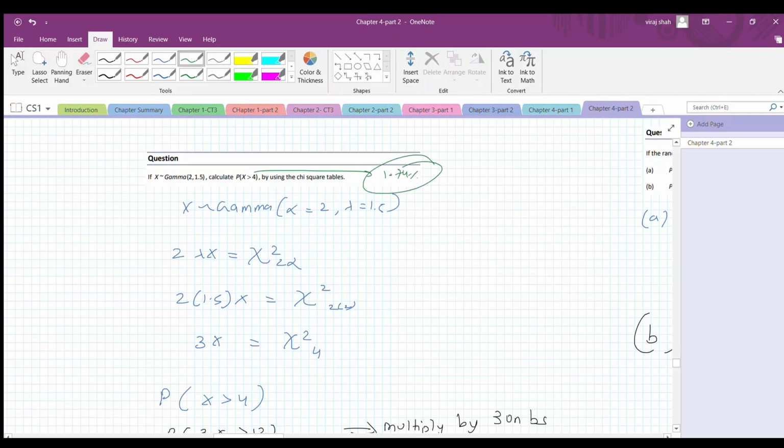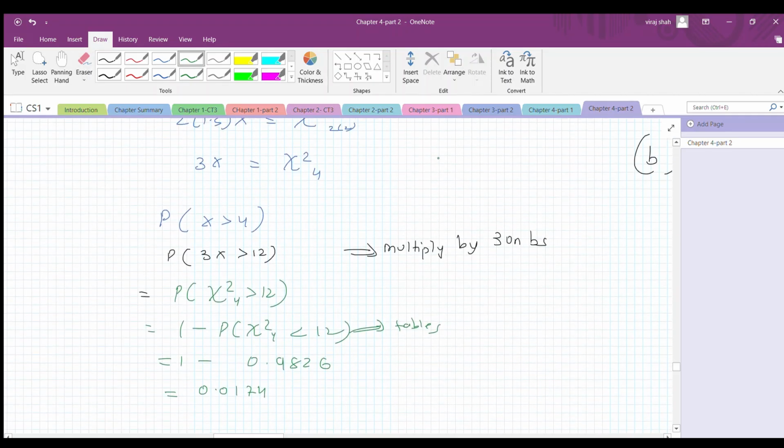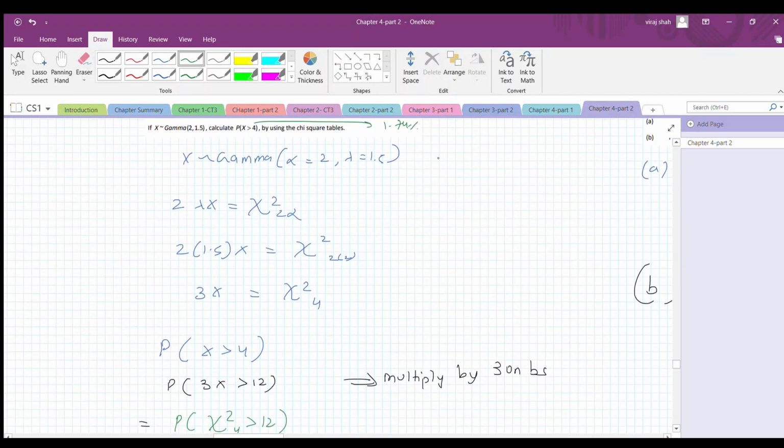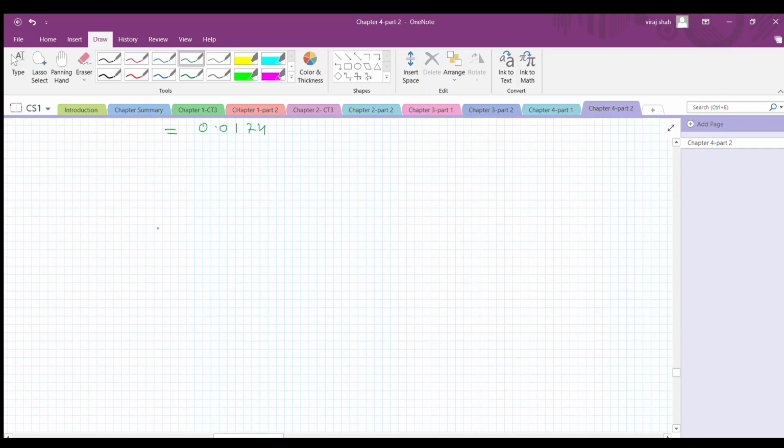Okay, this is how I do gamma sums. Let me do one more sum so you get a hang of it. If x follows gamma with parameters 5 and 0.7, I can say that alpha is 5 and lambda is 0.7.